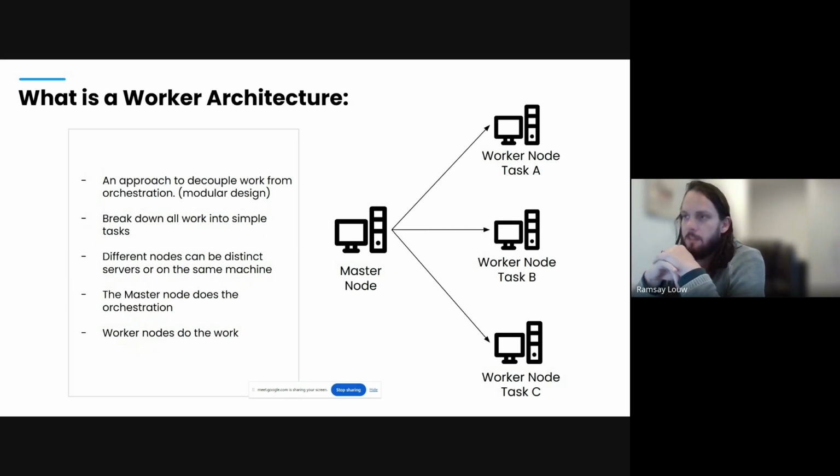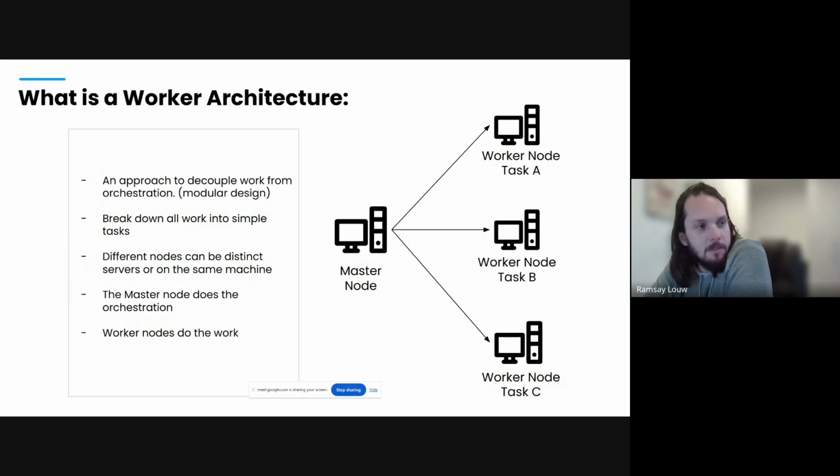Essentially, the whole practice of it is to try and decouple the actual work that's getting done in your system from the orchestration, like how the work gets threaded together. So you want to get into the habit of modularizing and breaking down all the work into its most core bites of work to make it simple.